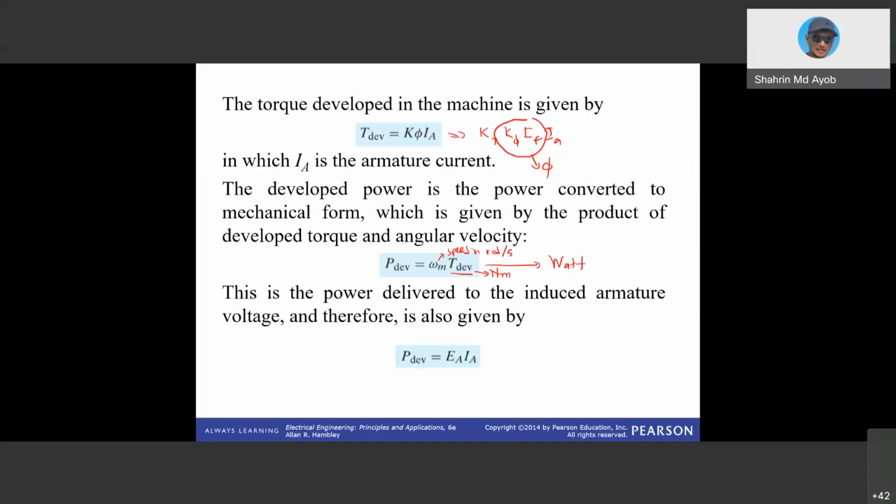Or you can calculate the power developed using the back EMF multiplied with the armature current. This is interchangeable, meaning speed multiplied with torque is equal to EA times IA. From the electrical side you can calculate the power, and from the mechanical side it gives the same answer.